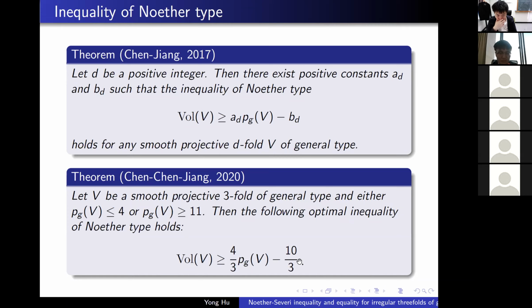And this inequality is optimal because of Kobayashi's examples. He constructed an infinite number of examples satisfying the equality. The geometric genus starts from 7, 10, and 13, and so on. An infinite number of examples.